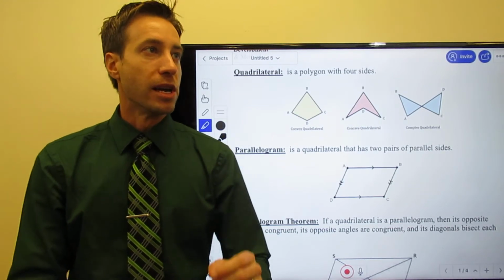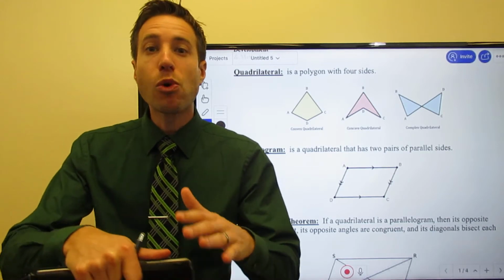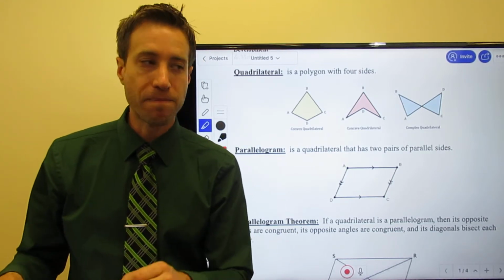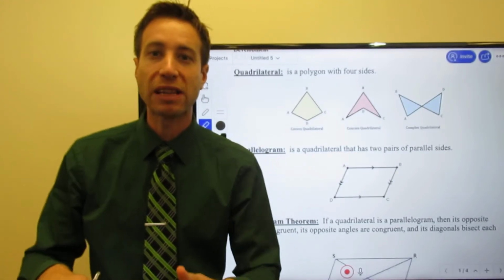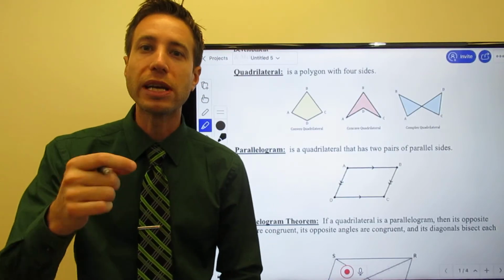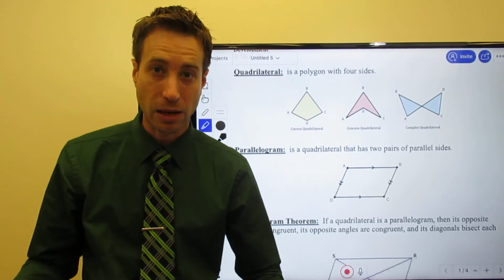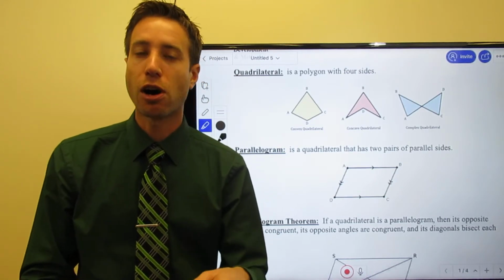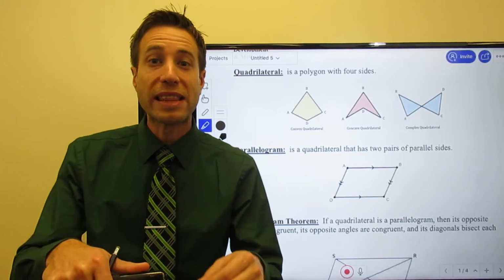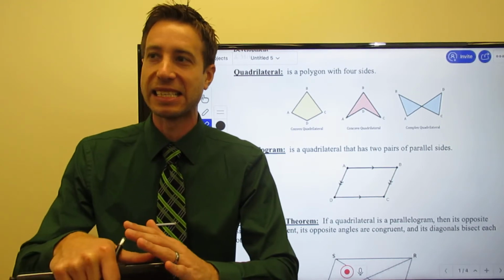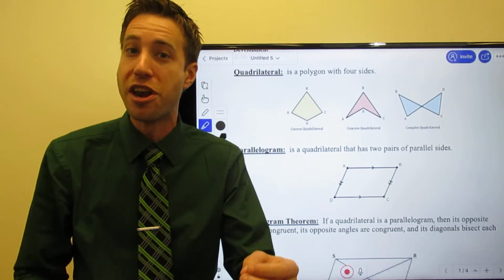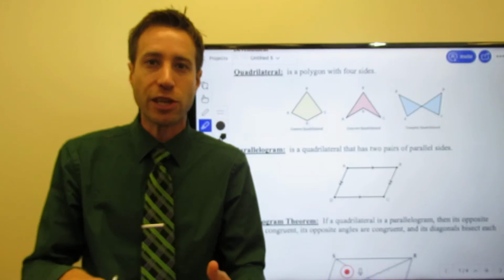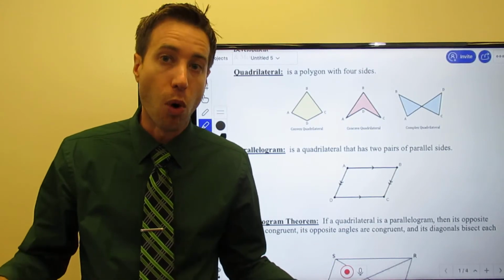In geometry, we have already talked a little bit about a polygon, and poly is just the Greek prefix that means many. So when you're talking about a polygon, you're talking about a figure with many sides. It doesn't specify a certain number, it just means a figure with more than one side.